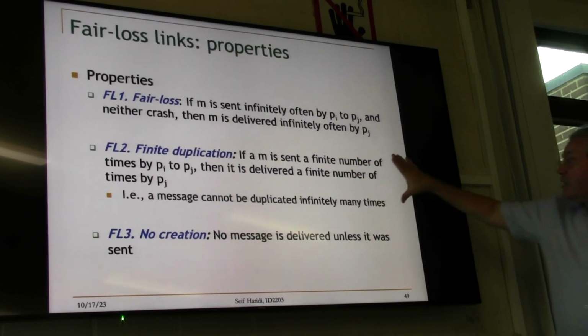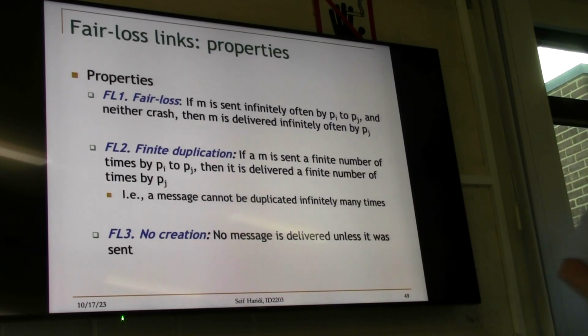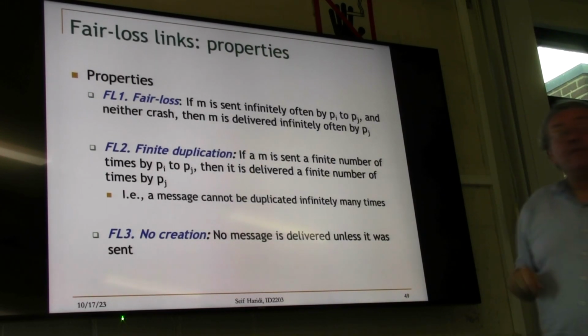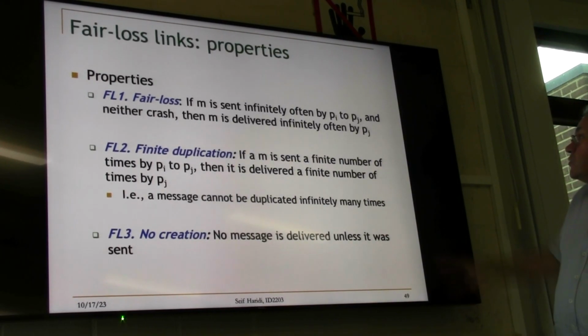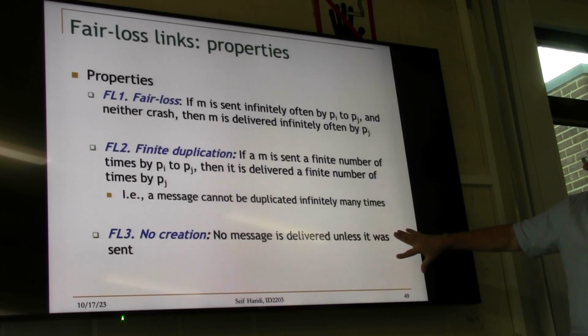And this is actually consistent with the internet, with IP, for example. Because of routing, it's possible when you send a packet that it arrives twice. Theoretically, it could even arrive more than twice, depending on what happens to the routers along the way. So this is the way we formalize it. And the final one is important: no creation.